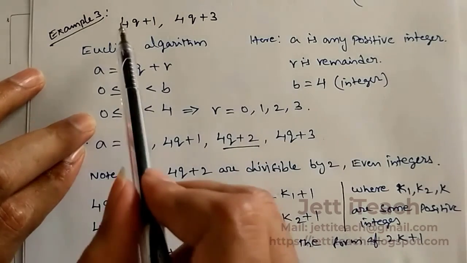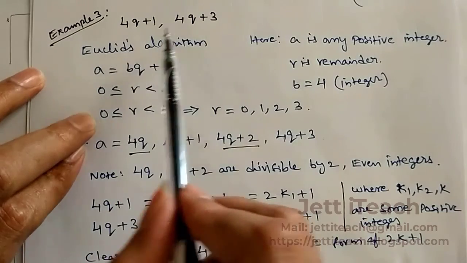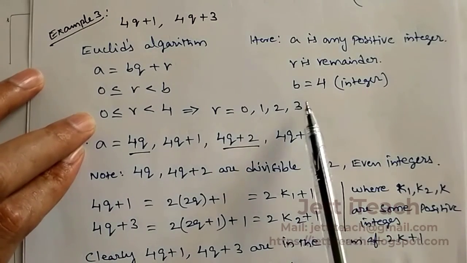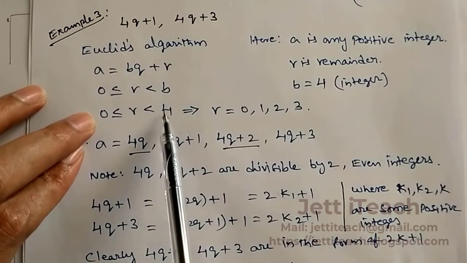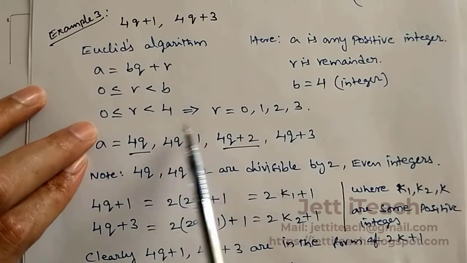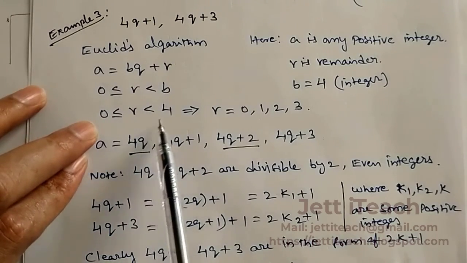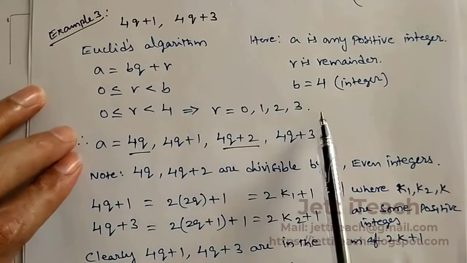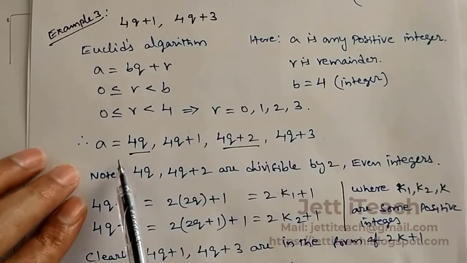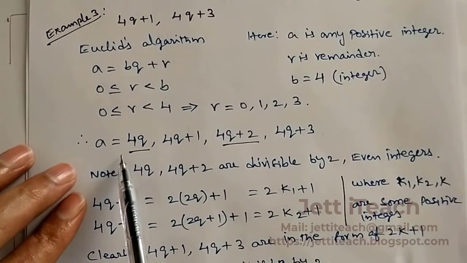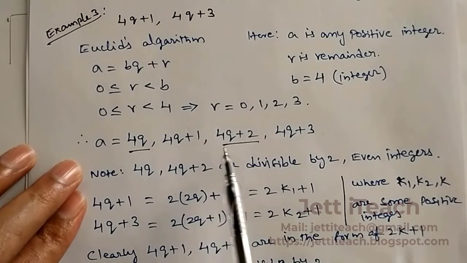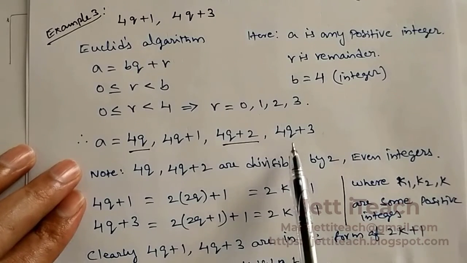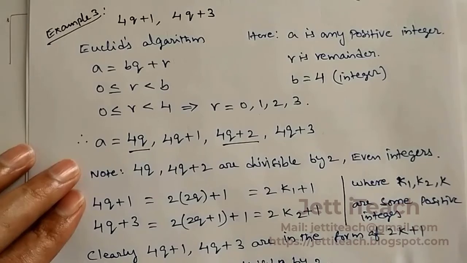Because in the question they gave 4q. I substituted 4 in place of b, so 0 less than or equal to r less than 4. What are the values of r? 0, 1, 2, 3. Based on this, I got the values of a: 4q, 4q plus 1, 4q plus 2, 4q plus 3.